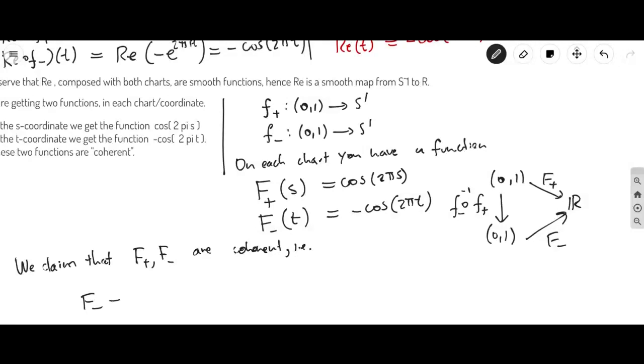So f minus would be equal to the change of coordinate map. Well, I got that backwards. It would be the f plus. Yeah, so this is f plus. That would be equal to f minus composed with f minus inverse composed with f plus. That's what we're saying.